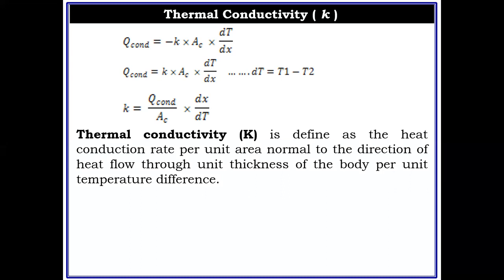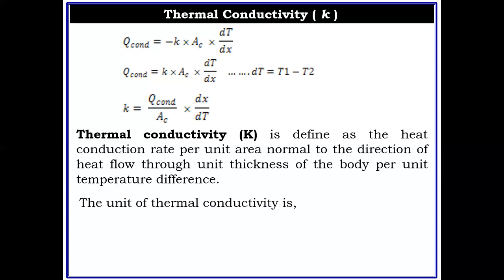So whatever notations we observe in the formula of k, Q divided by area multiplied by dx upon dT, we can convert into a sentence and it becomes the definition of thermal conductivity. So thermal conductivity is defined as the heat conduction rate, that is Q, per unit area normal to the direction of heat flow, meaning cross sectional area, through unit thickness, meaning dx, of the body, and per unit temperature difference, so dT.